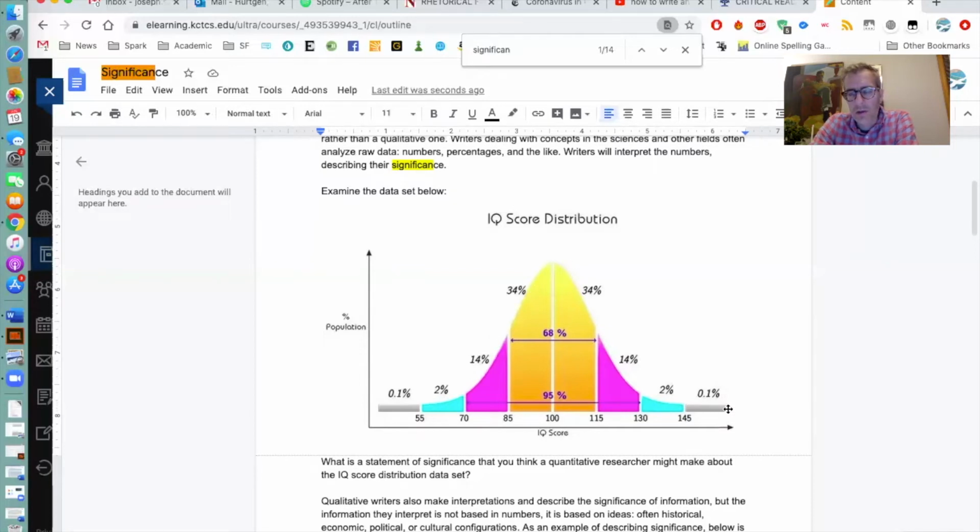graph here, what you see is a curve, as well as scores down here. So 55 is pretty low, and you see that really nobody has much lower than a 55. And then you see 145 is pretty high, and nobody really has much higher than 145. It's very rare to be lower, very rare to be higher.